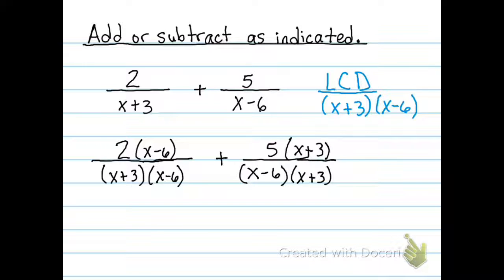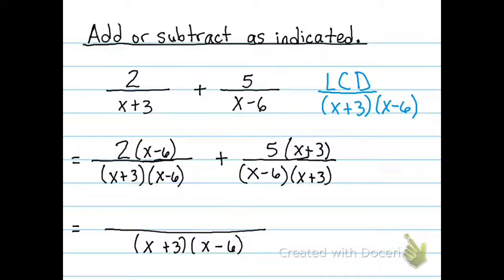Right, and so what I'm going to do is go ahead and write down one rational expression, and so the denominator is x plus 3 times x minus 6, or, if you put the x minus 6 first and then the x plus 3 second, it's the same, right? Multiplication is commutative, so order does not matter.